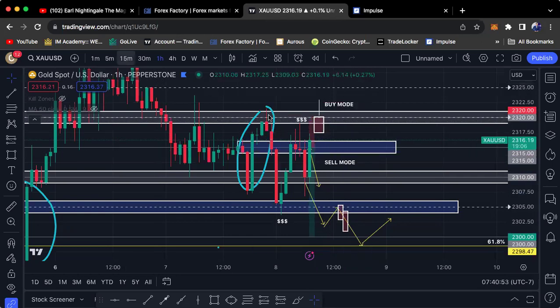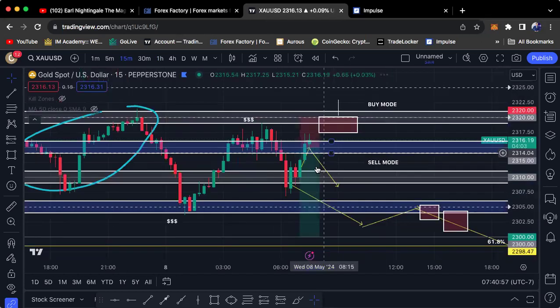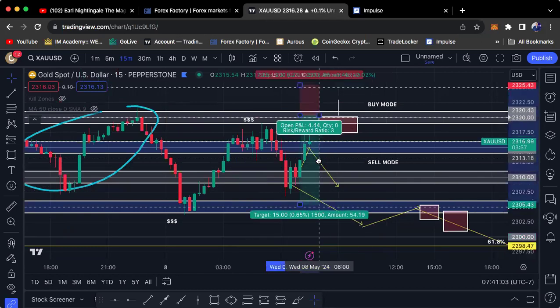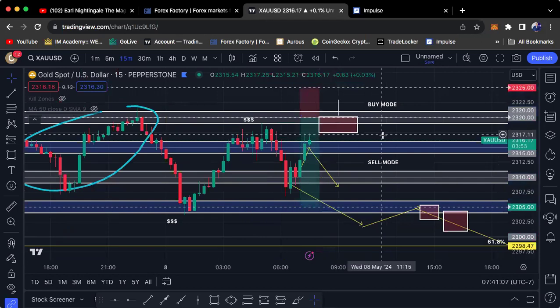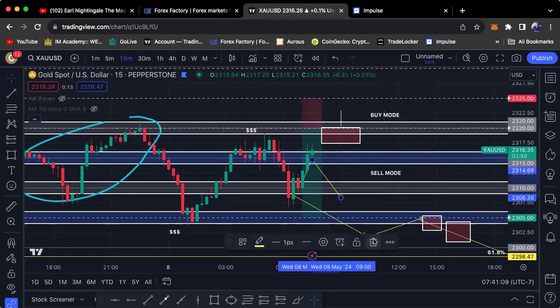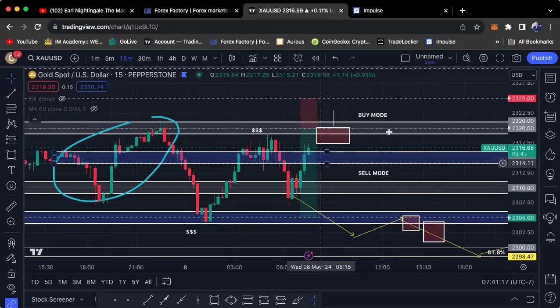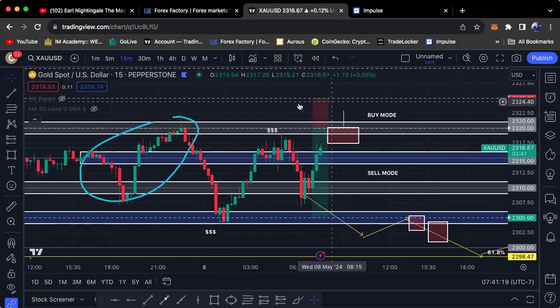So I'm actually going to position my short position tool. Okay, right here. I'm going to wait for this to happen. All right. I have my alert at 2320.